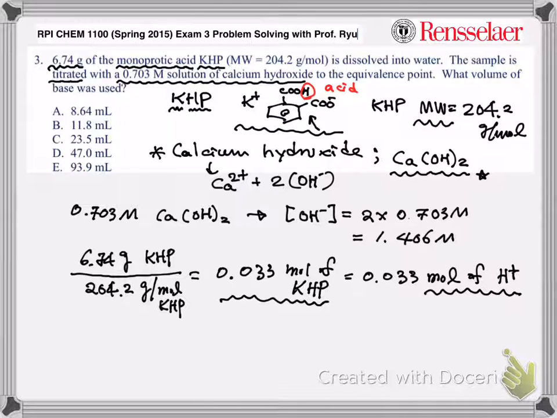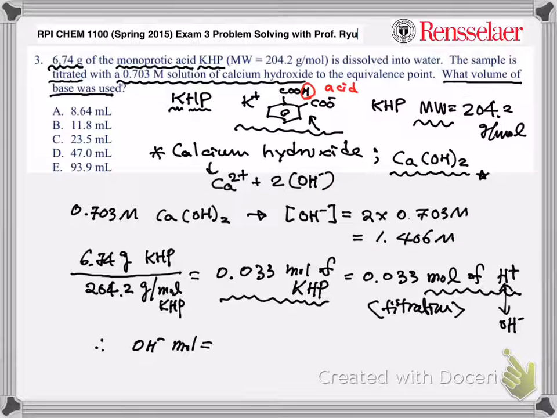So now the question is, what is the volume of the base used for the titration? For the titration, you have the same number of H plus and OH minus. So therefore, you can say that OH minus mole should be the same as H plus mole, so 0.033 mole.